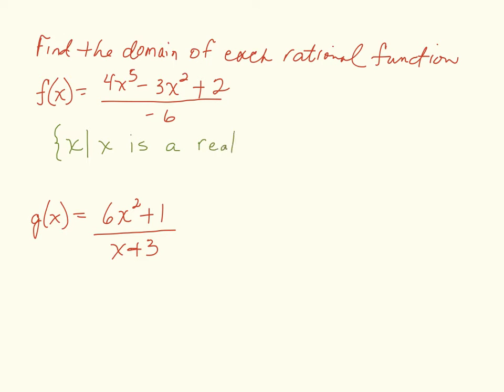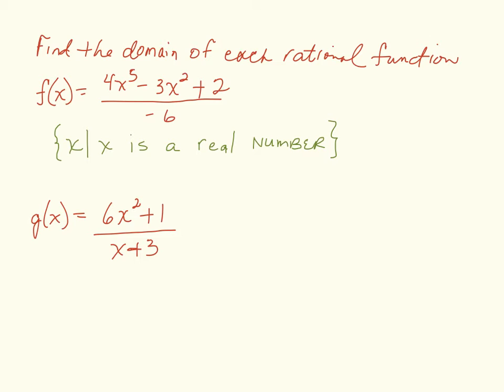That means every real number is in the domain, because there's no way to make that denominator 0, because I don't have any variables to put there. If there was a variable there, then we'd have to work out what value would make the denominator 0.